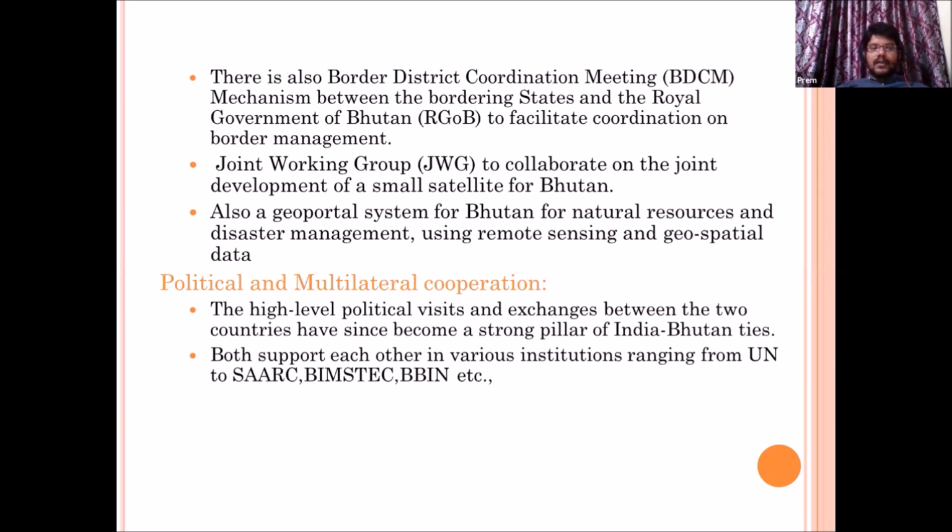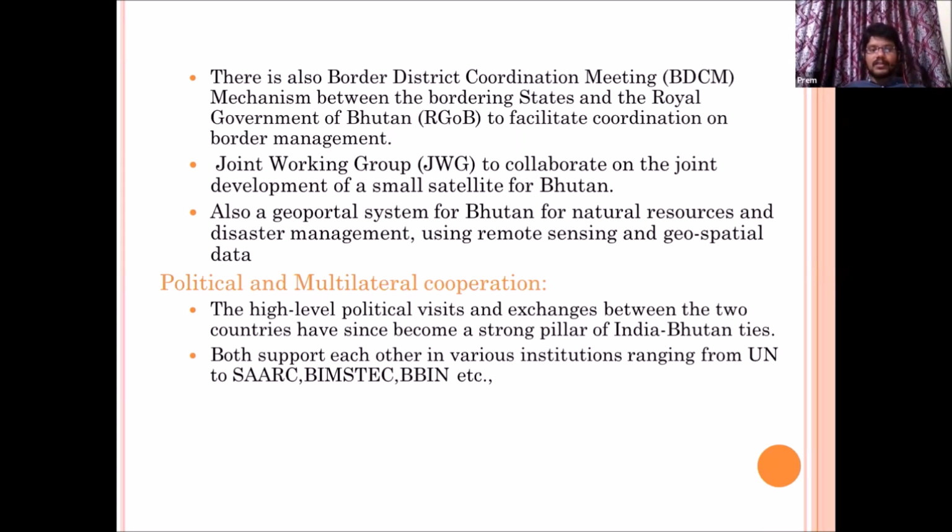And then very recently in 2019, we made a major announcement when Modi visited. For the first time, Bhutanese scientists are going to come to India, and India is helping Bhutan to construct a small satellite to be launched by India. This is going to be the next level of cooperation.